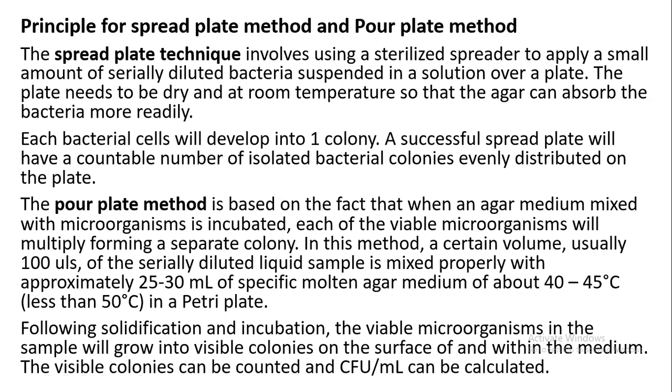Following solidification and incubation, the viable microorganisms in the sample will grow such that each viable cell will form a single colony, and the number of colonies obtained can be calculated as colony forming units per ml.